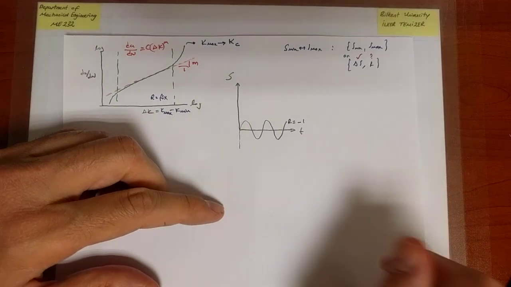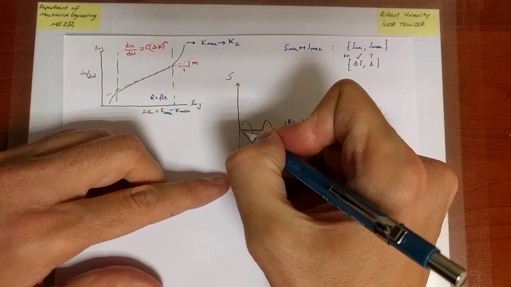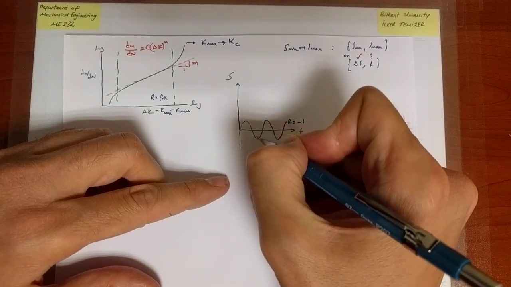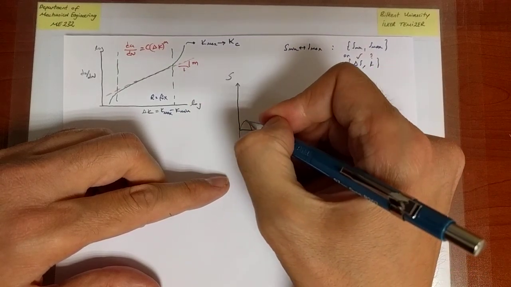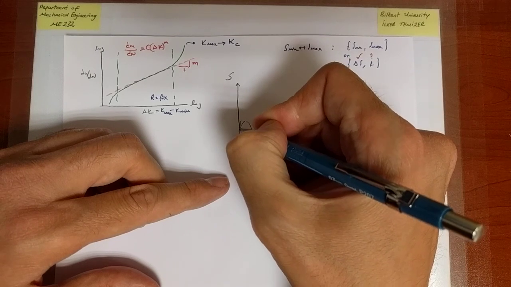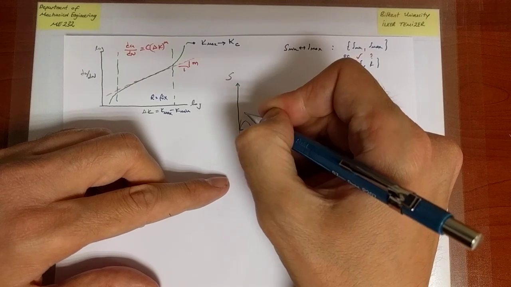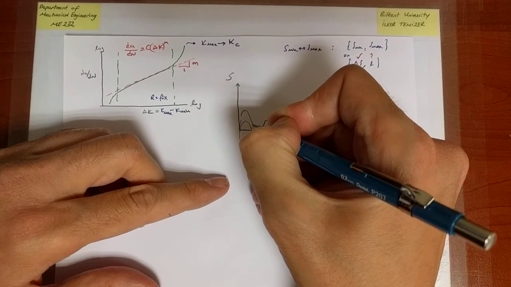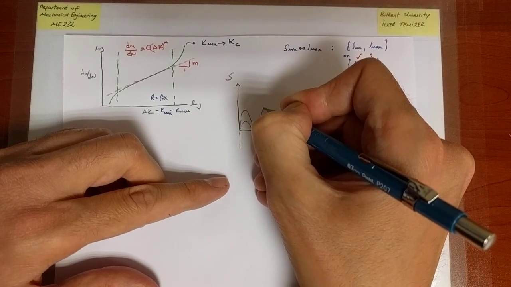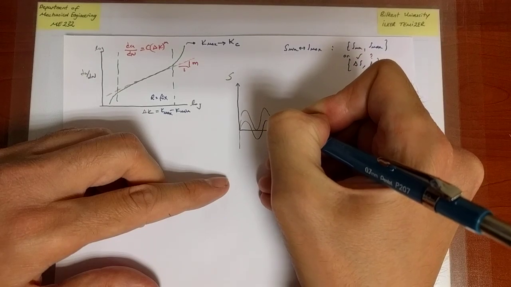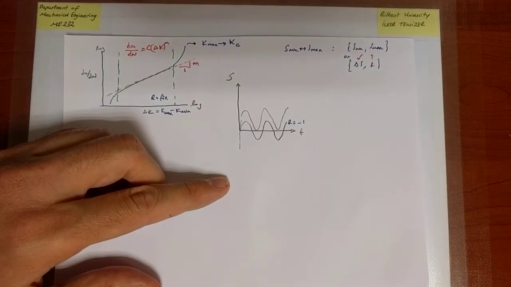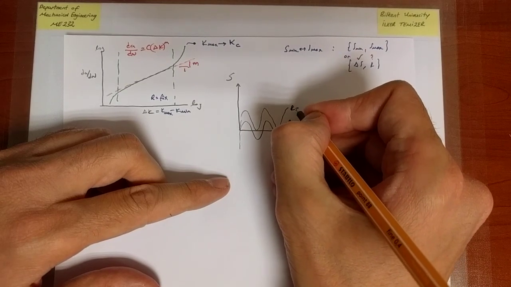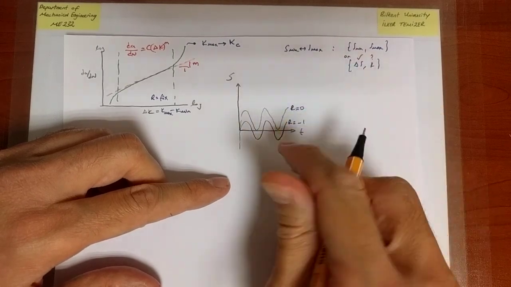So if I wanted to draw R equals 0, I would go like this. And I'm going to do that by preserving the range, delta S. So I'm going to try to draw the same amplitude. Okay. So the only thing that has happened is that R has increased in value.